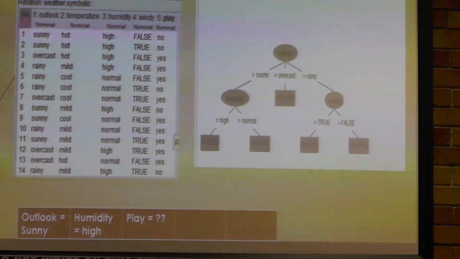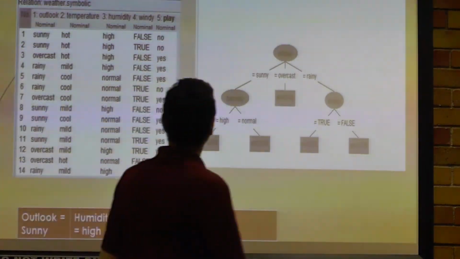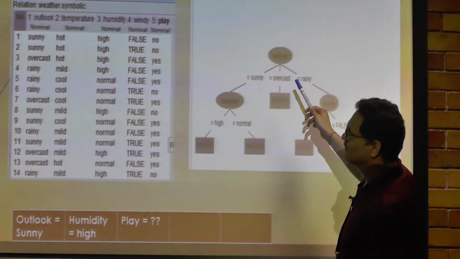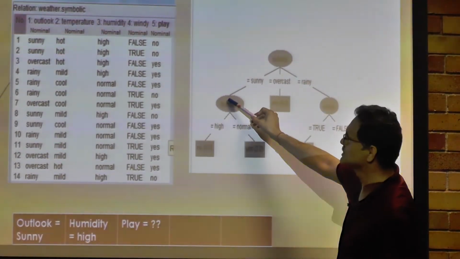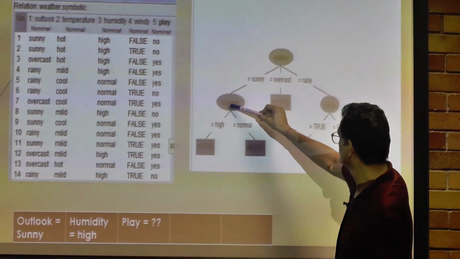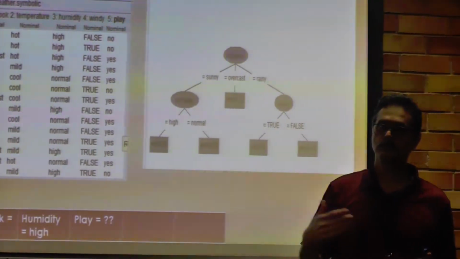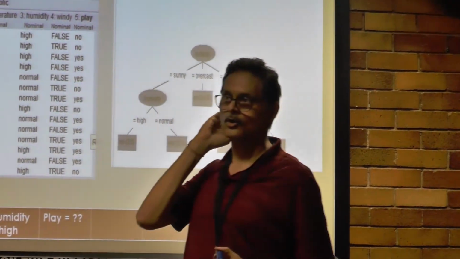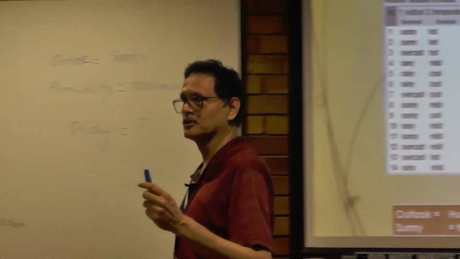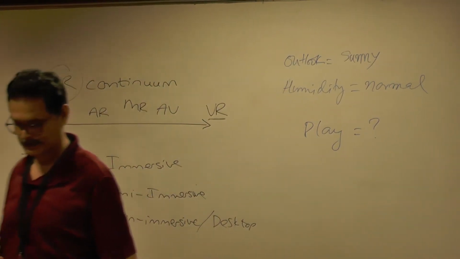Oh yes, for sure. It's simple because for outlook we say sunny, so we come this route. Humidity is normal, we come this route, and we say that the answer is yes. Okay, good. So we get a concept of what we are trying to do.